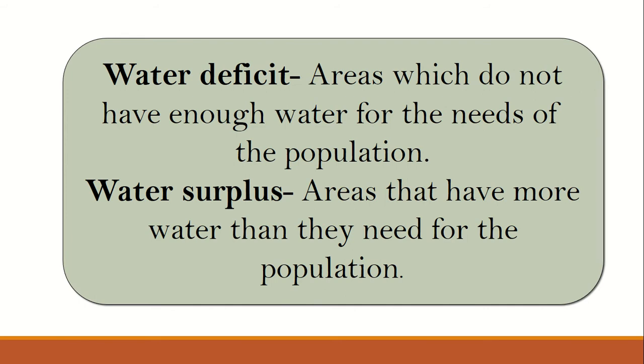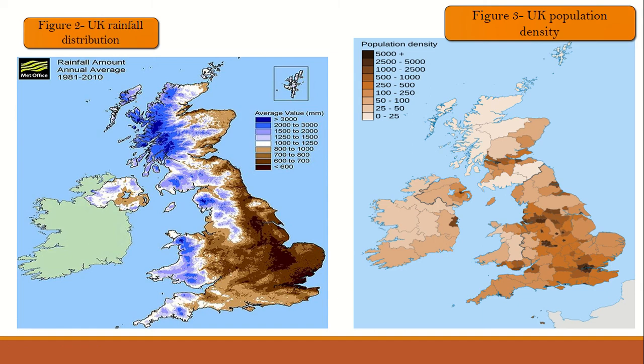Those two words are quite important to understanding some of the issues that are taking place in the UK right now. And those issues are going to be quite clearly identified on this first set of maps. Figure 2 is showing UK rainfall distribution.